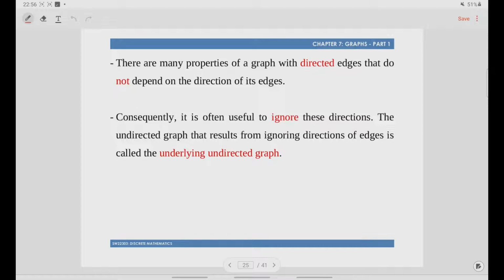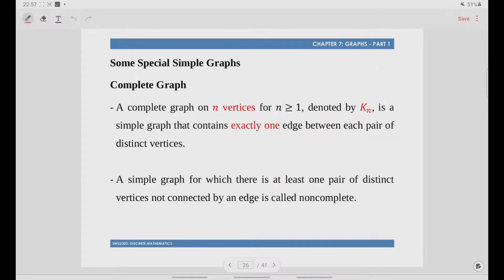So it is originally a directed graph, but we ignore the directions, so we have a special name for this kind of graph.